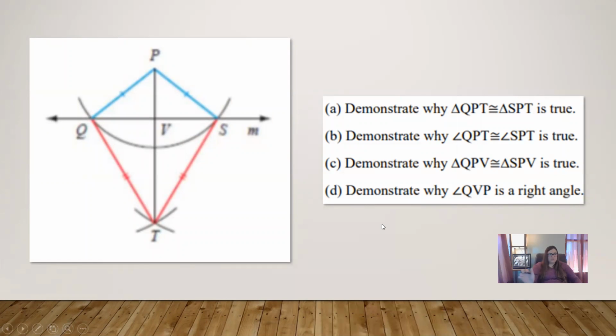Right here, we are going to demonstrate why triangle QPT, so we have triangle QPT, and then we also have triangle SPT.